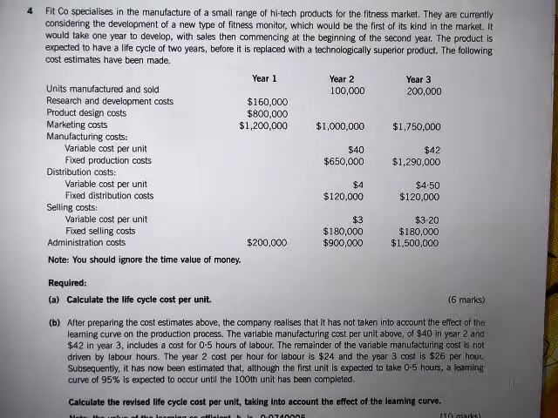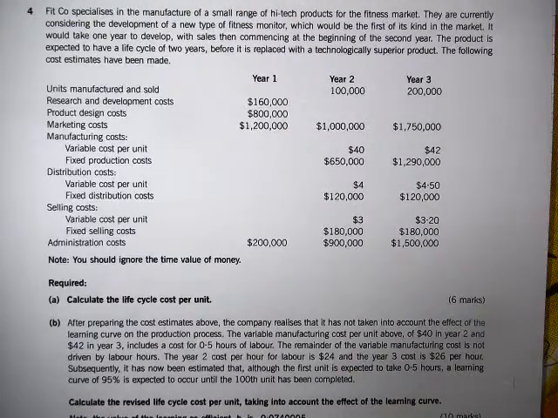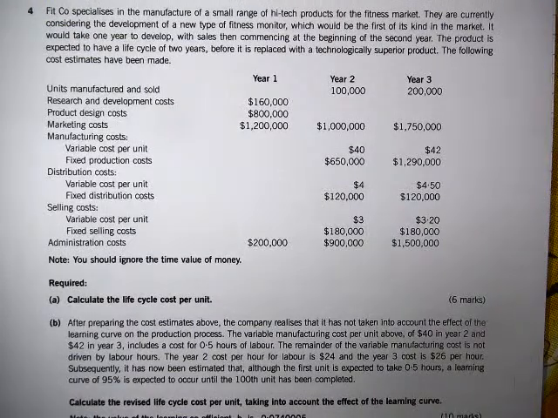It would take 1 year to develop, with sales commencing at the beginning of year 2. That means year 1 is development. Usually we say year 1 is year 0, but anyway, you say year 1 is development. Year 2 only you start to sell the product.